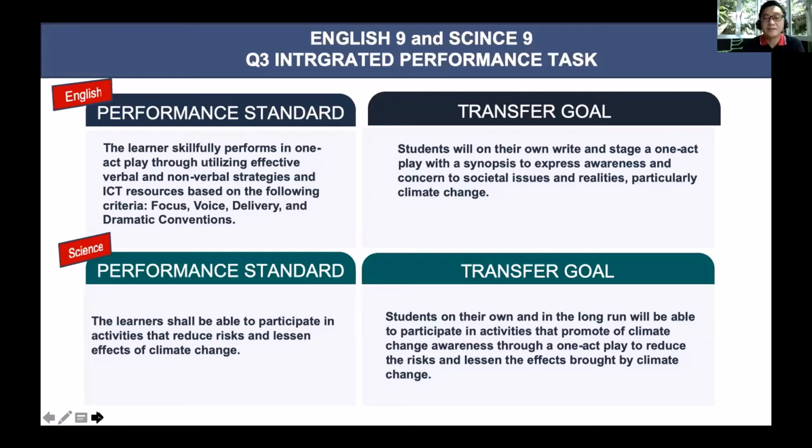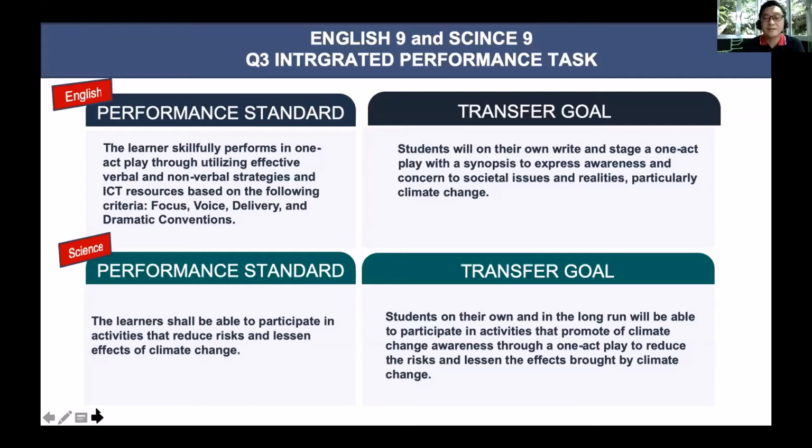It is for that reason that we decided to do an integrated performance task. Thus, this performance task became integrated quarter 3 English and Science. Okay, so that's the result.